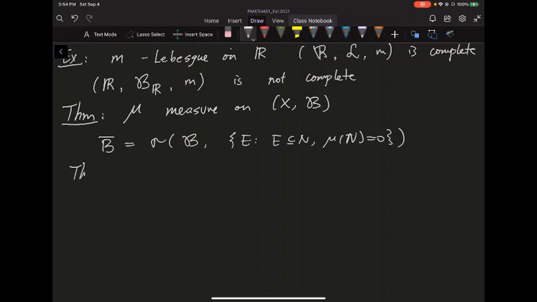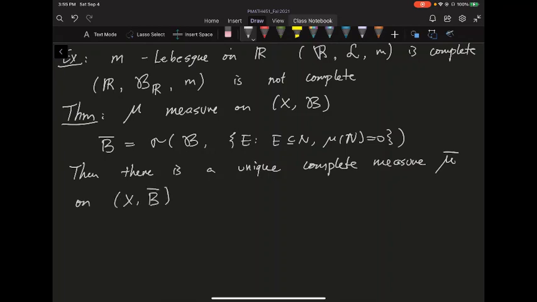Then there is a unique complete measure. Let's call it the completion, and let's use bar to denote the completion, on the set (X, B bar), where this mu bar is going to extend mu.